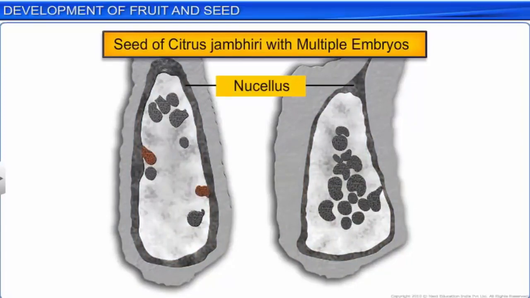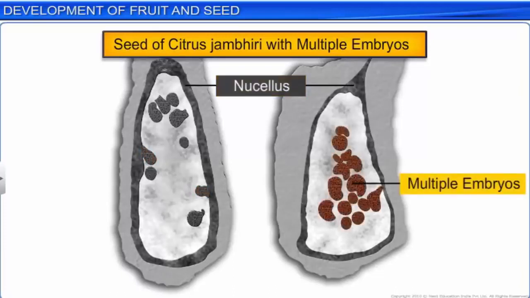Later, these cells develop into embryos, and hence a single seed contains more than one embryo. This phenomenon of having more than one embryo in a seed is called Polyembryony.